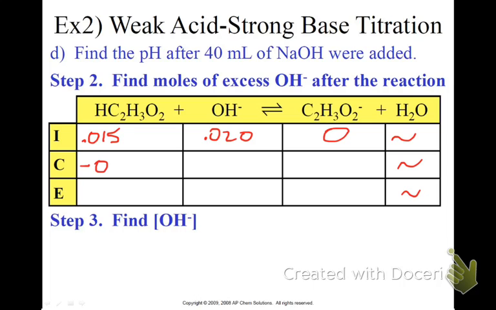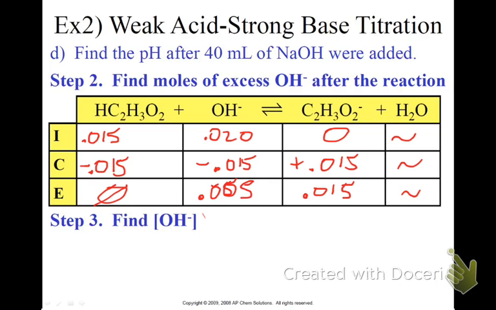So it'll decrease by 0.015, decrease by 0.015, and increase by 0.015. So then at equilibrium, this will be 0. We'll still have 0.005 moles of hydroxide left, and this will be at 0.015 moles.